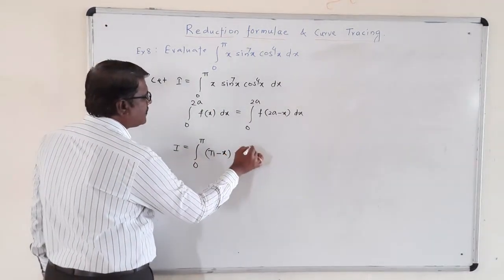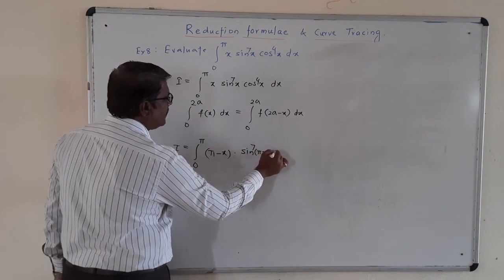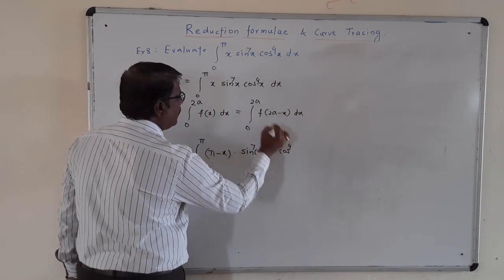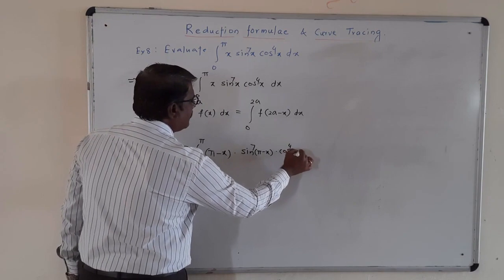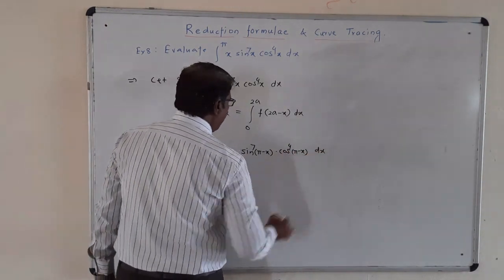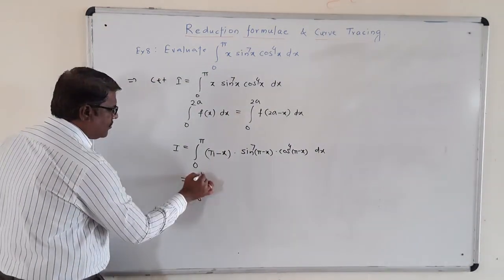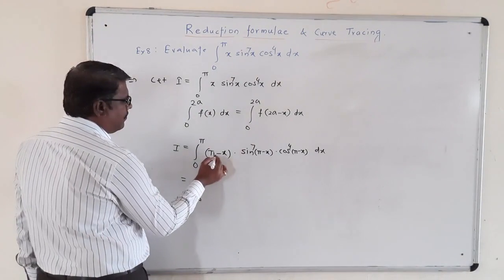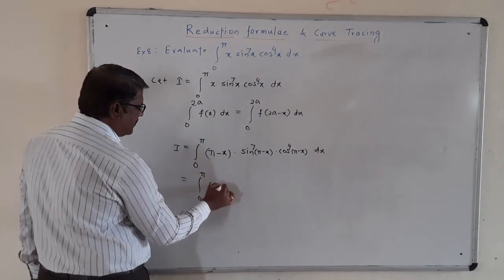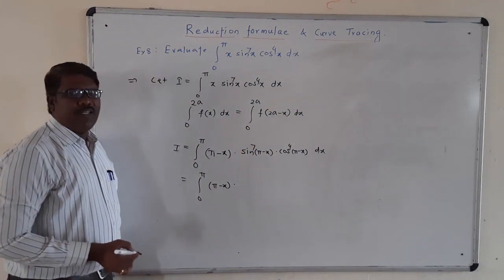into sin^7, replace this x by pi minus x, into cos^4, replace this x by pi minus x, and then dx. Now when I simplify this, we will get it as the integral from 0 to pi. Now pi minus x, keep it as it is, into sin^7 of pi minus x.